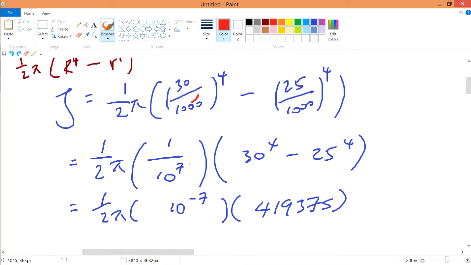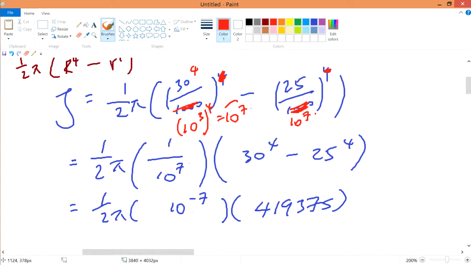So I summarize this as 10 to the power of 3, which is 1000. Raised to the power of 4, we have 30 to the power of 4, and this thing to the power of 4 is 10 to the power of 7. This one also cancels, and this one is also 10 to the power of 7.